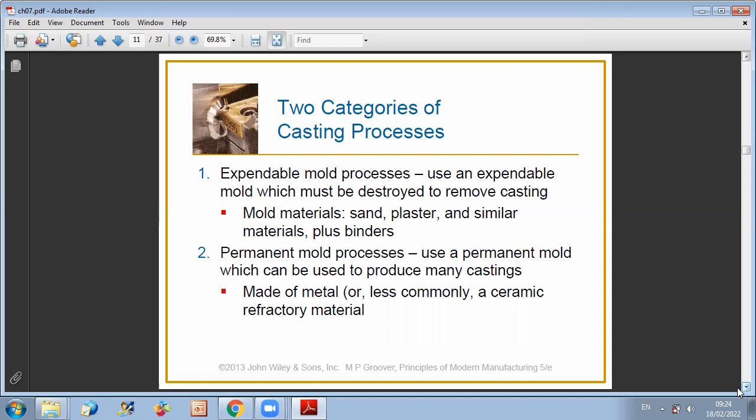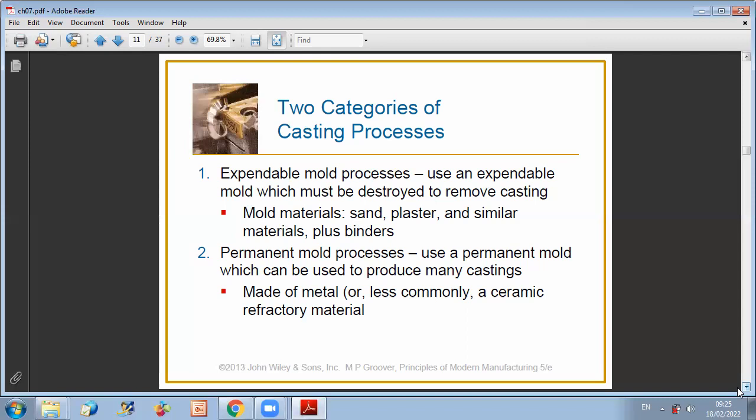This might be challenging, but sometimes you don't have the choice. Now, mold materials can be sand, plaster, and similar materials, in addition to binders, which have adhesive properties to hold the particles of sand, for example, within each other.